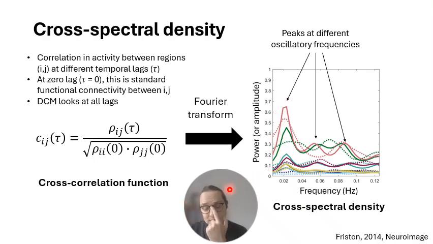What you normally see is a kind of peak for most regions on the left-hand side here, at lower frequencies, and then slightly smaller peaks at higher frequencies. This is quite typical of the kind of cross-spectral density that you'll be seeing when you're fitting and simulating your DCM. So that's good.